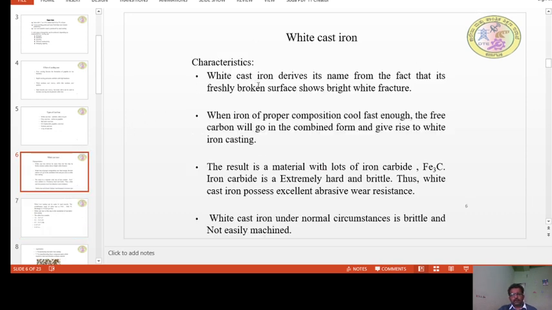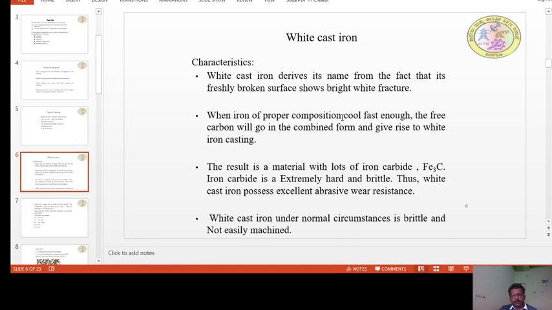The main characteristics of white cast iron are as follows. White cast iron derives its name from the fact that its freshly broken surface shows a bright white fracture. That means when white cast iron is broken or cut, the new surface formed will be very bright, and because of that it is called white cast iron.